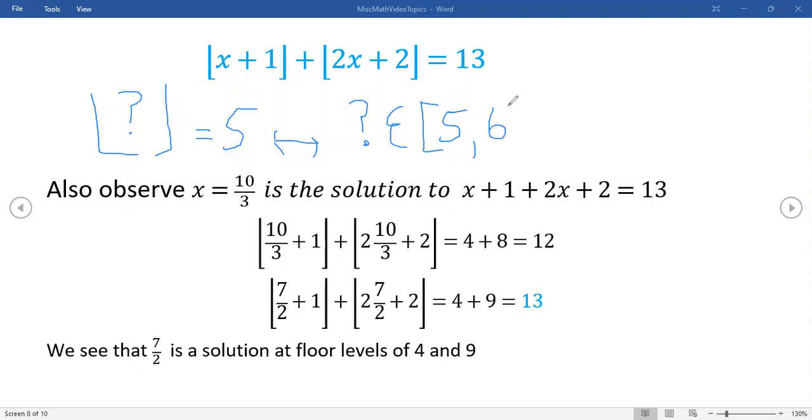Because the floor of 6 would be 6, right? So this closed-open is huge right here. You can't just ignore it. Closed at 5, the floor of 5 is 5. The floor of 6 is 6. That's why it's not included.